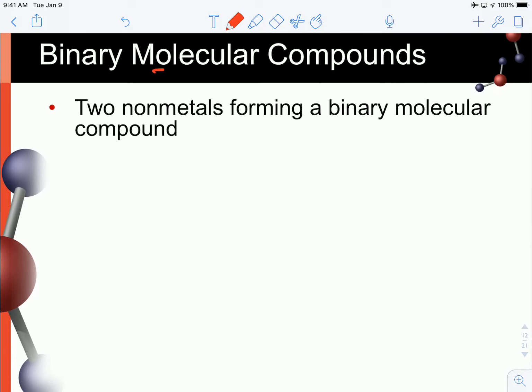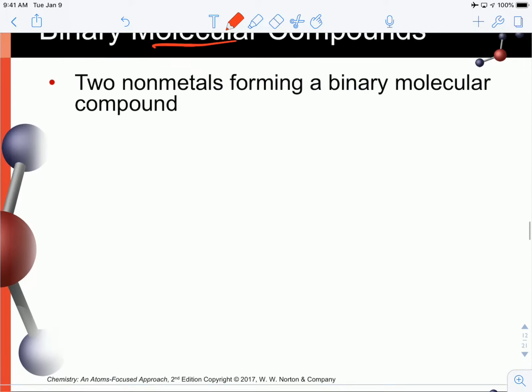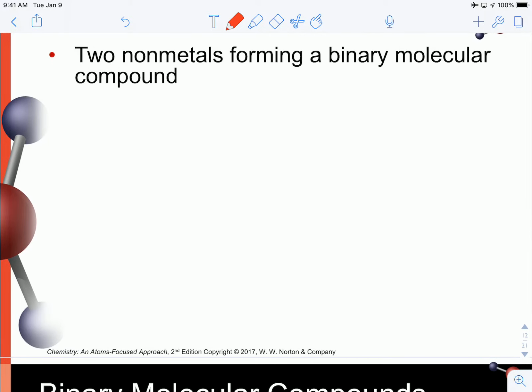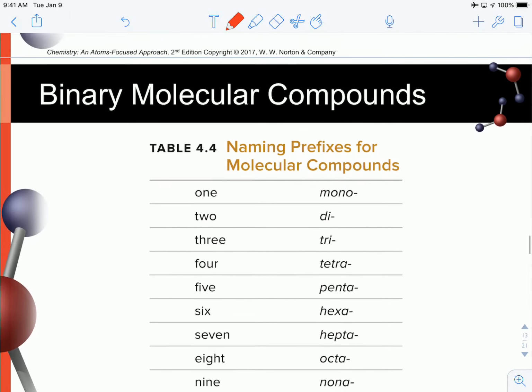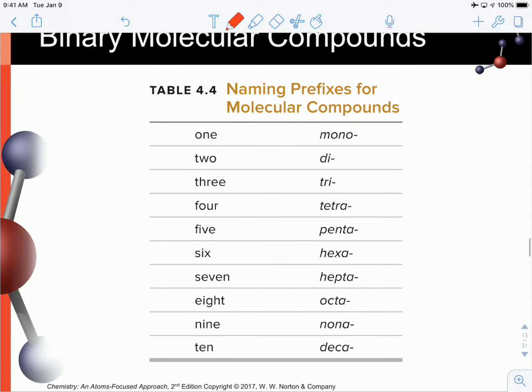Now we have the molecular ones, still binary, but we're going to use a different means of naming these, and it's key that you get these straight. What we do is we simply, for something like this, you all know this as carbon dioxide, the convention is carbon, right? And then di for 2, oxide.